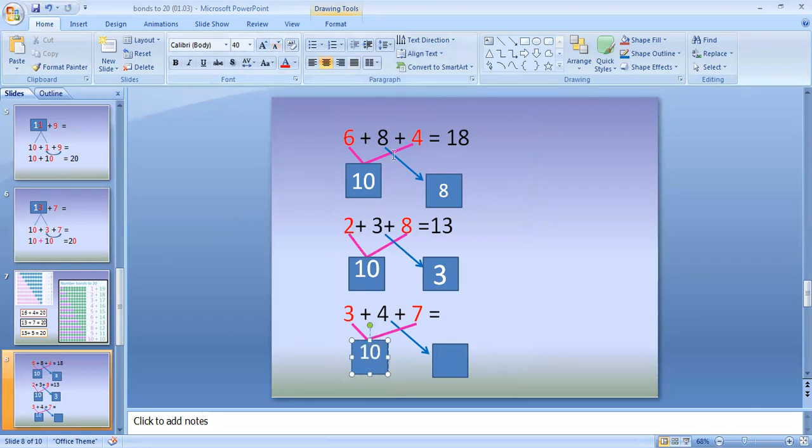It is 10, and here we should write the balance number, the remaining one. What is the remaining number? 10 plus 4 is 14. Yes, that is 14.